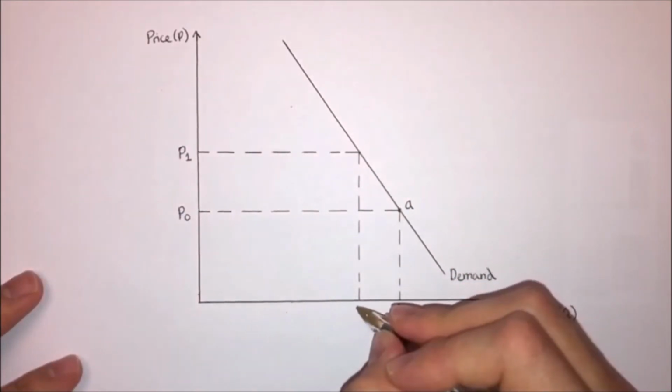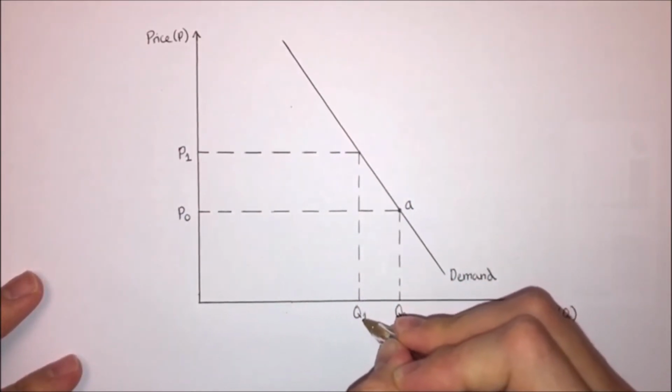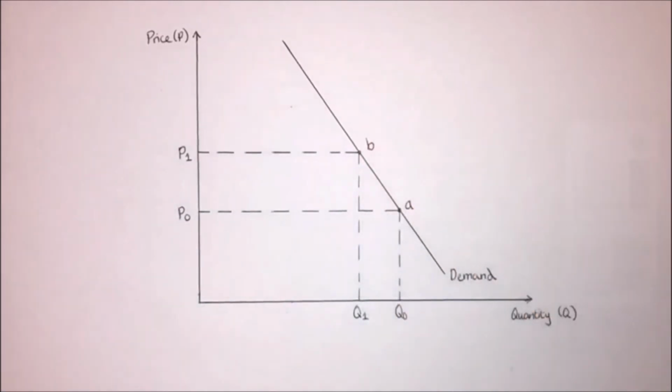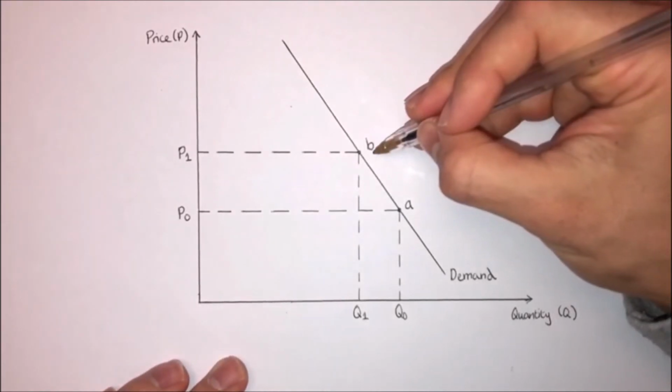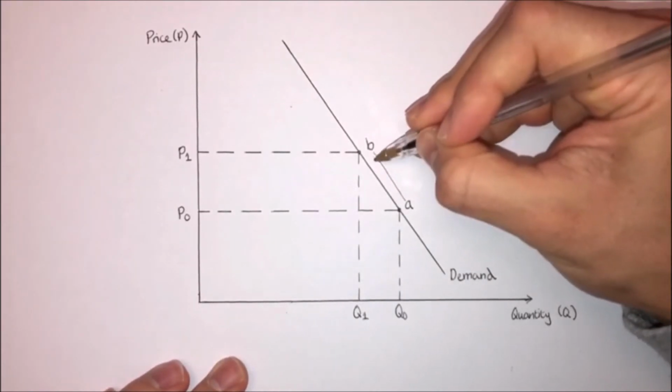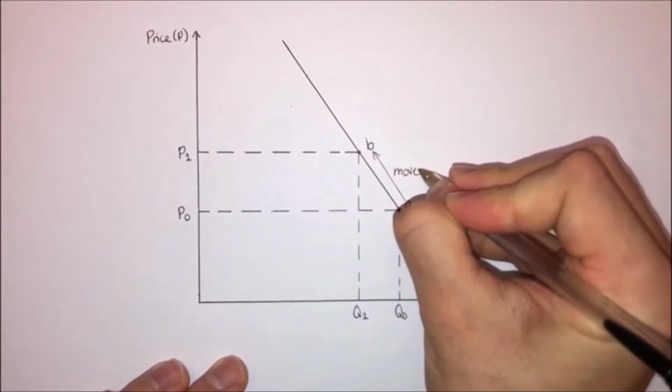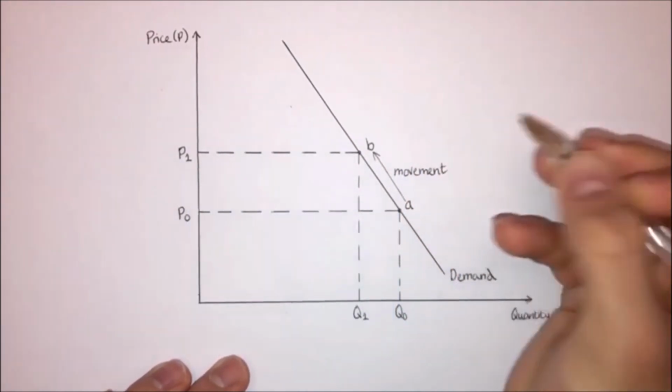This is due, obviously, to the law of demand that we introduced in our previous video. And this is represented by point B on the demand curve. So we can see the overall effect of the increase in price is a movement along the demand curve from point A to point B.